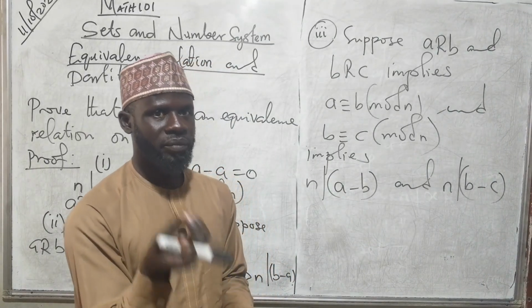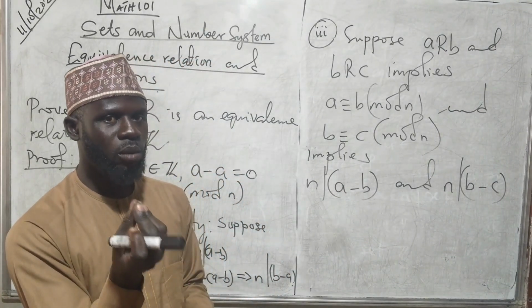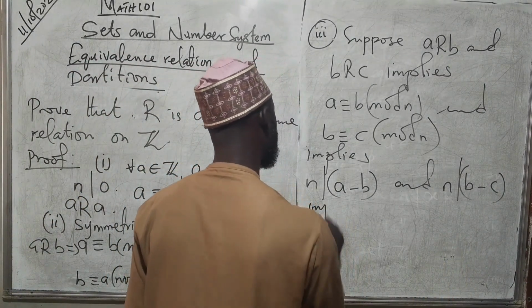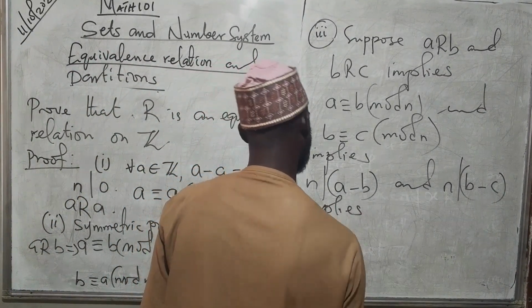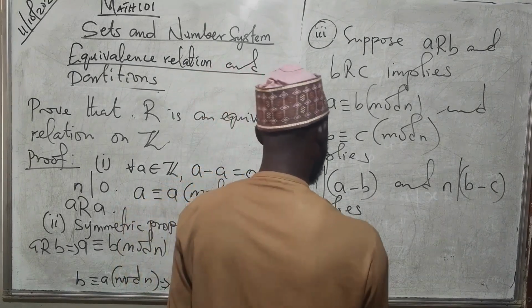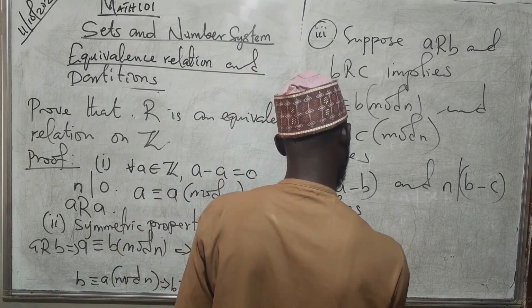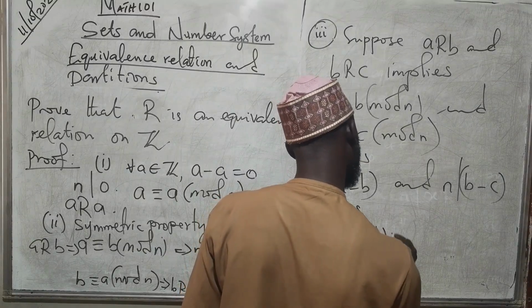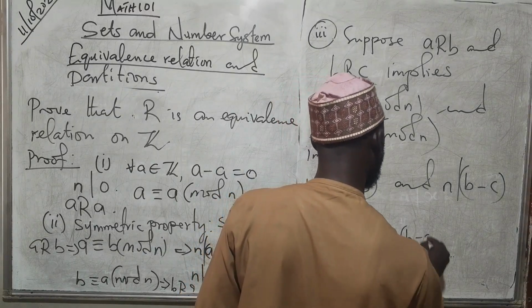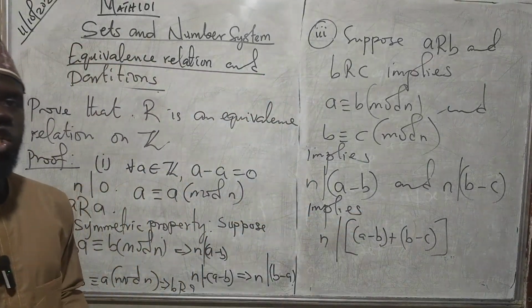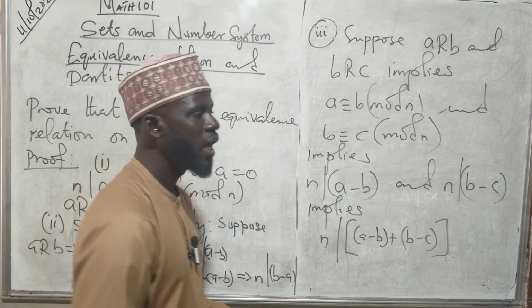Definitely, this number must divide the sum of these two integers. So we say this implies that n divides the sum A minus B plus B minus C, because n divides each integer, A minus B and B minus C.